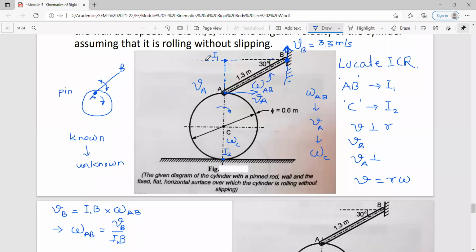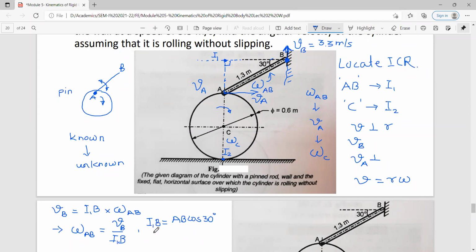Did we find the radii or not? No, right? So find out the radii. I1B is one radius, I1A is another radius. So it is a simple triangle. The hypotenuse is given to you. The angle is also given. So I1B will be equal to 1.3, that is rod AB, into cos of 30.